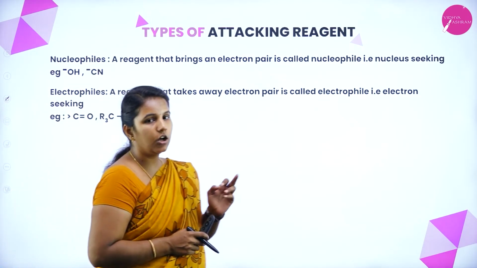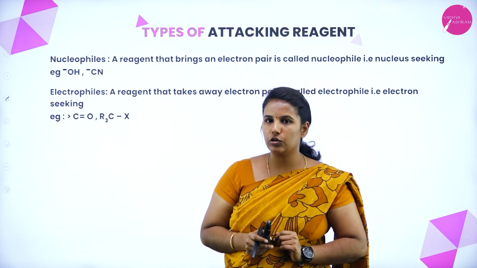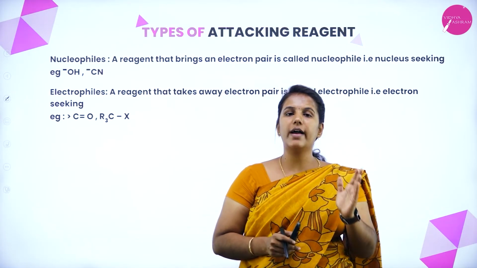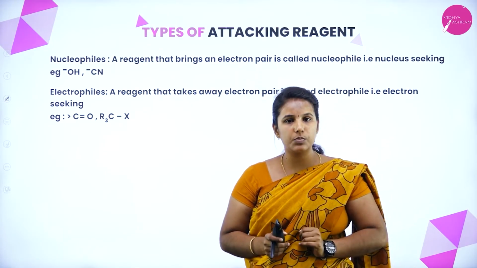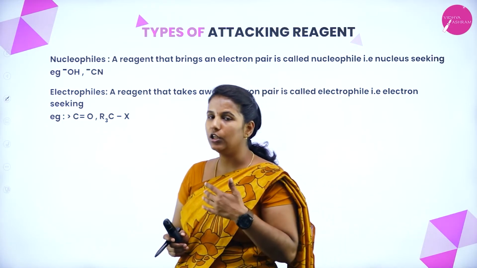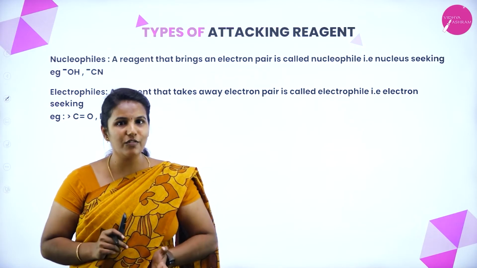Next we have attacking reagent. Attacking reagents are of two types. Okay, one is nucleophile and the other is electrophile. We all know that nucleophiles are nothing but nucleus loving species, and all the negatively charged species we call nucleophiles, and they are ready to donate electrons because they have an excess of electrons.